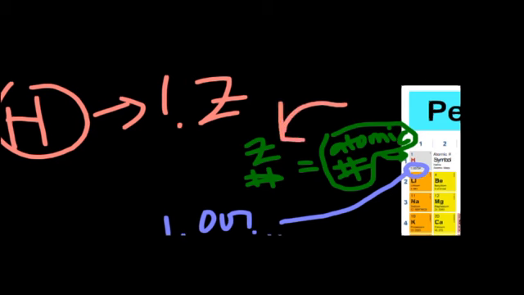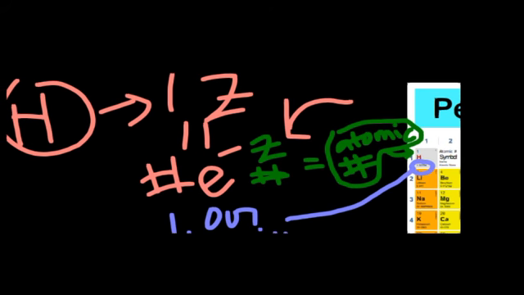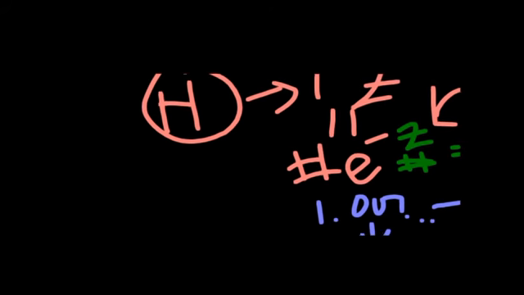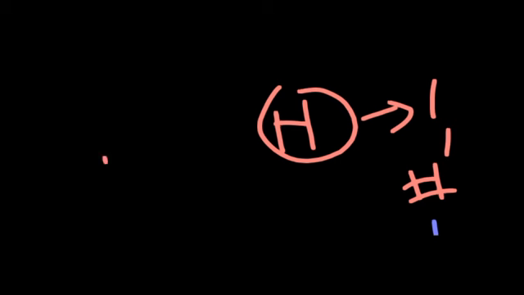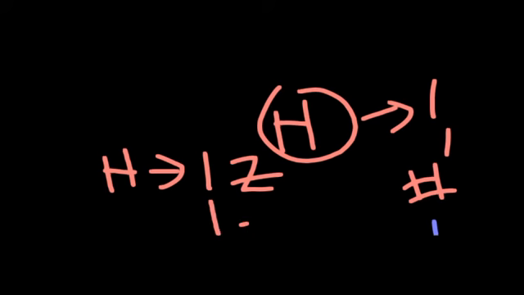And I'm also assuming that you know that the proton number is equal to the number of electrons for neutral atoms, meaning they're not ions. That means that a hydrogen atom has one proton, one electron.